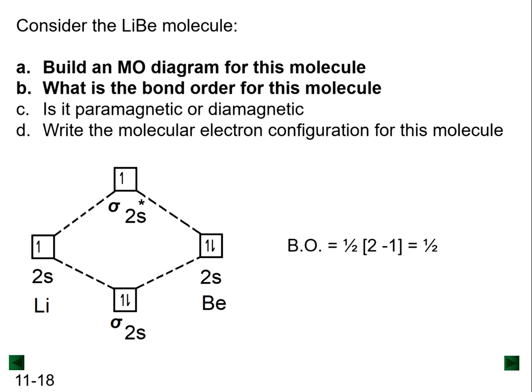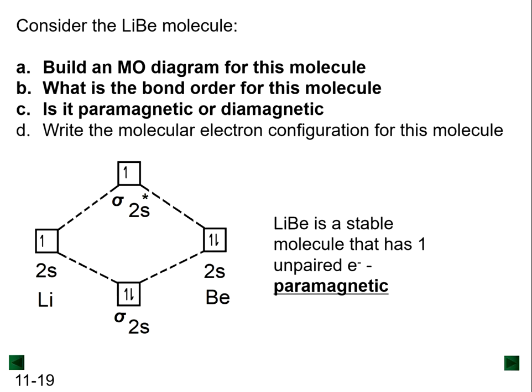We take the number of sigma electrons, at the bottom, there's 2 of them, and then we take the number of sigma star electrons, that's at the top, and there's 1 of them. So the bond order is a half of 2 minus 1. The bond order is a half. It's a weak bond, but it is a stable system.